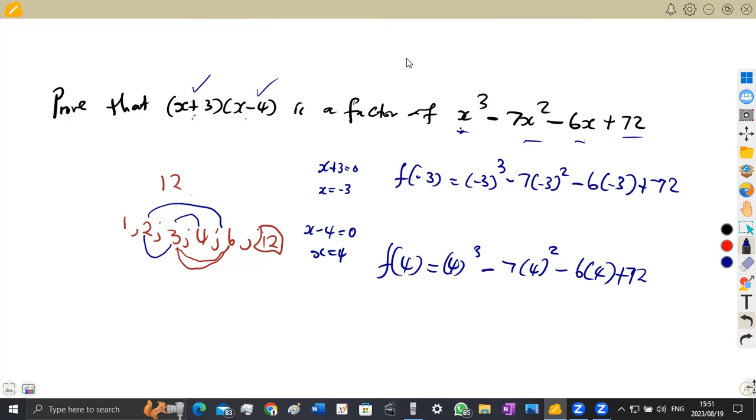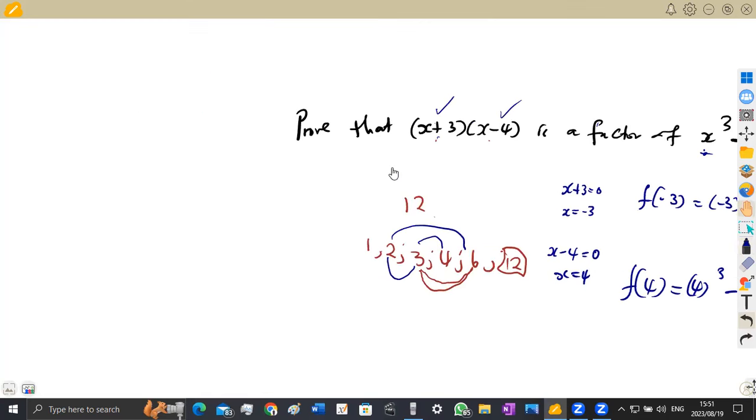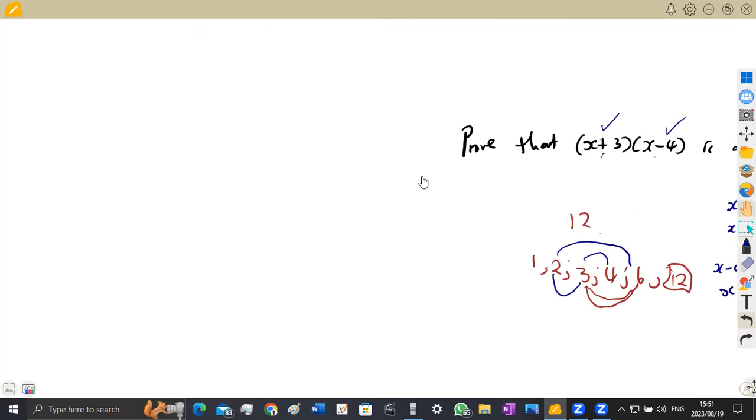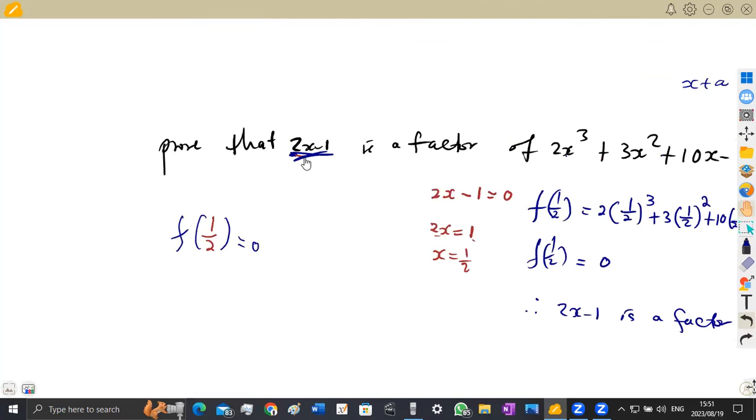There are actually so many ways that you can use to prove that a particular term is a factor, but this is the easiest: equating the part that you are saying is a factor to 0. By equating to 0, you now have a value of x.